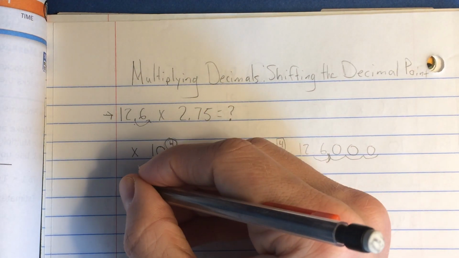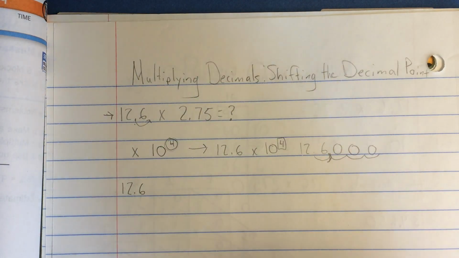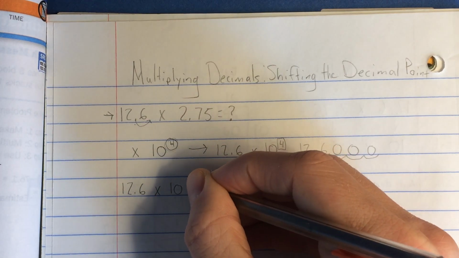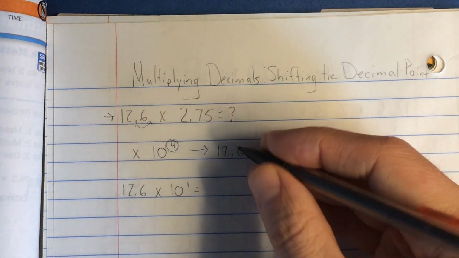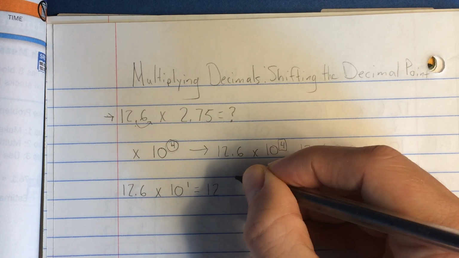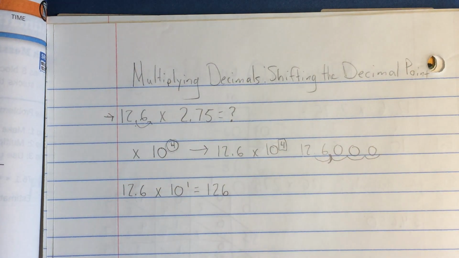So that means if we take 12.6, let me make sure I'm still on the screen. I am. 12.6 times 10 to the 1st power, that will mean we move the decimal one spot to the right, and suddenly 12.6 becomes 126. Now let's take a look at 2.75.